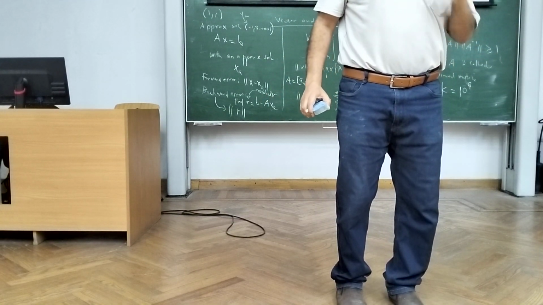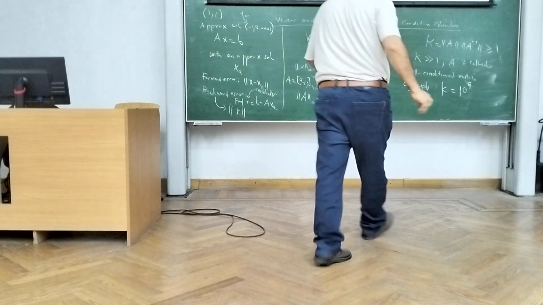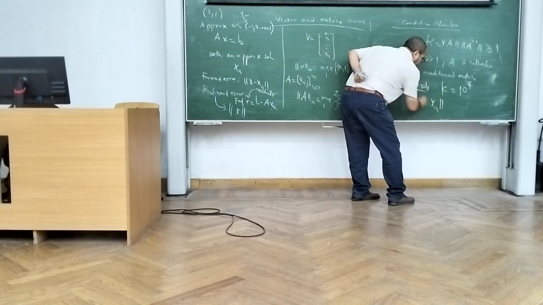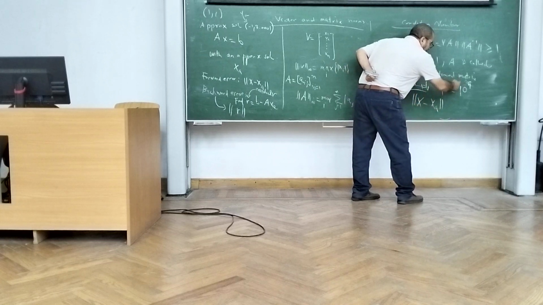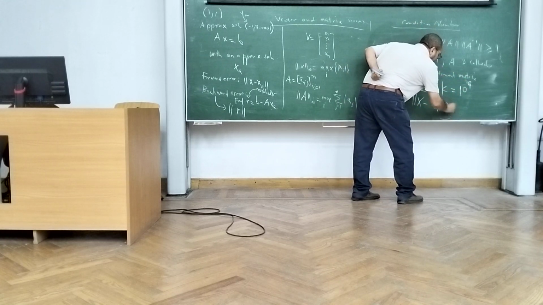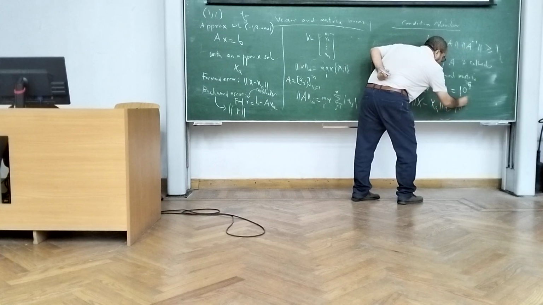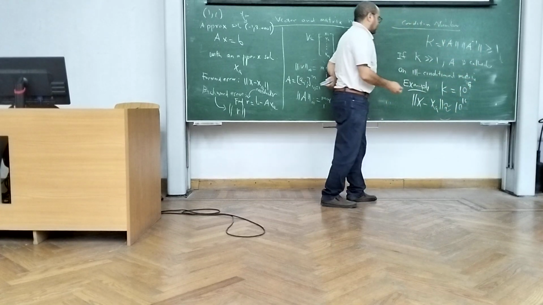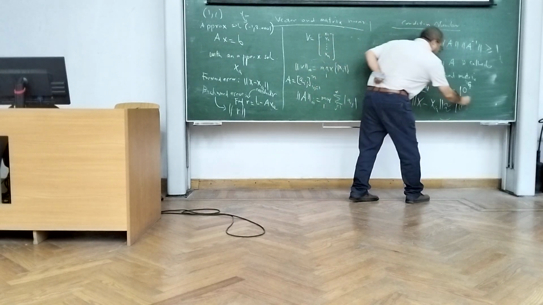The difference between the exact solution and the approximate solution that you calculated is basically something like 10 to the minus 16, times the order of the condition number, which is 10 to the 6.